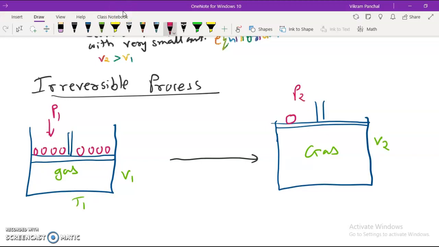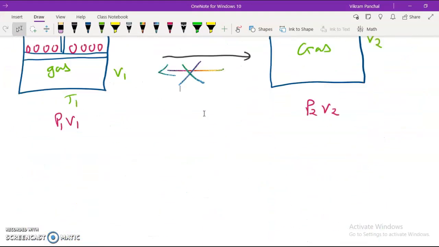Our initial state is P1 V1, the final state is P2 V2, keeping temperature constant, and you cannot reverse this process. If you again put all the pebbles, you will not achieve the initial state. Why? Because this change was sudden. So when we get a sudden change, it is not possible to produce the initial state from this one. That is called an irreversible process.